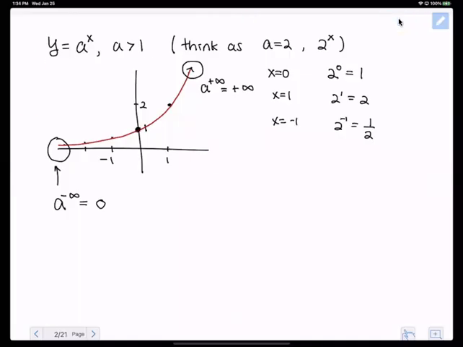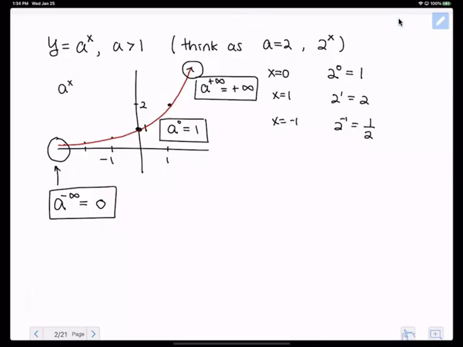Not only that, it's because of this magic number here: we have a to the power 0, which is equal to 1. So these points are important. Of course, a to the x is always greater than 0, because it's above the x-axis. So we are all okay with this.